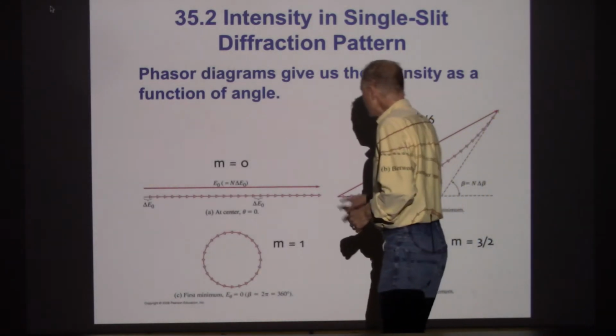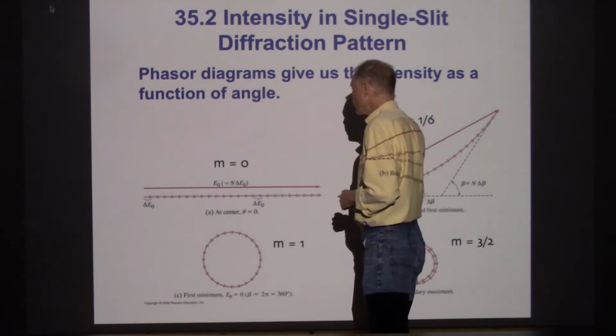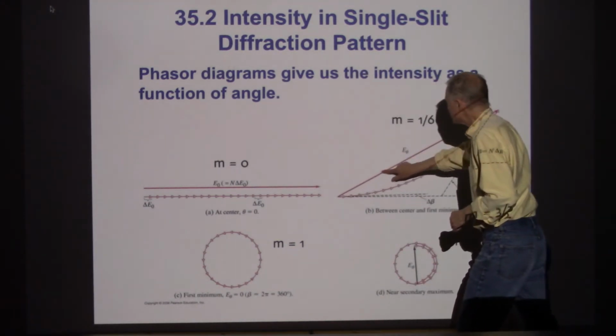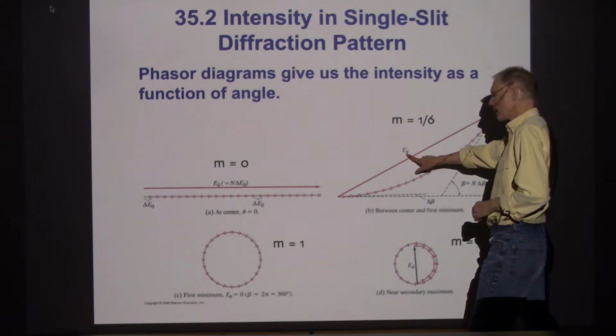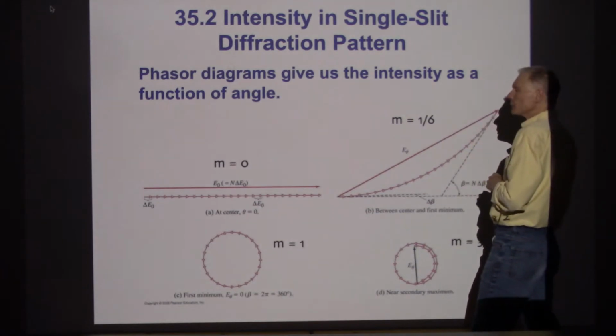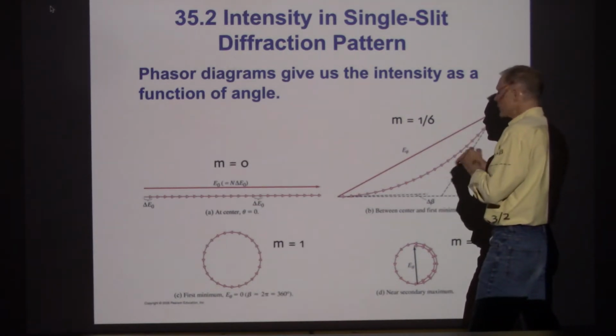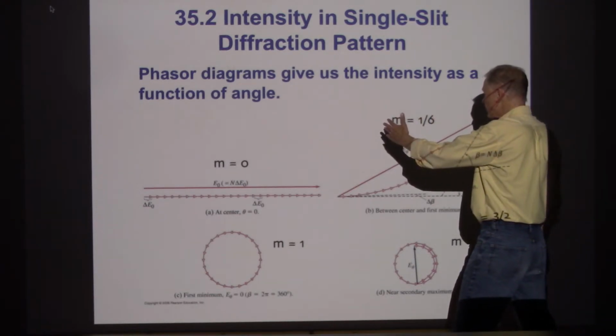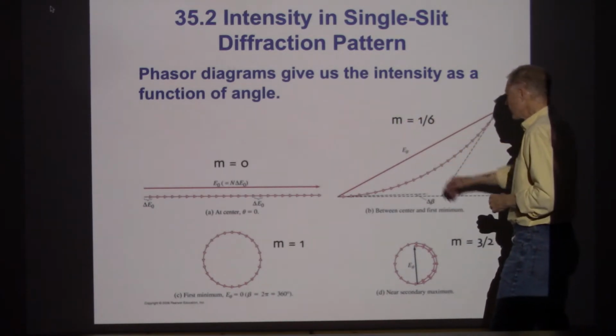So in this case we're going to get maximum total amplitude. In this case the amplitude, now they're calling it E sub theta. E sub 0 is the overall amplitude right at the center, and this is the overall amplitude when we look away from the center by an angle theta.